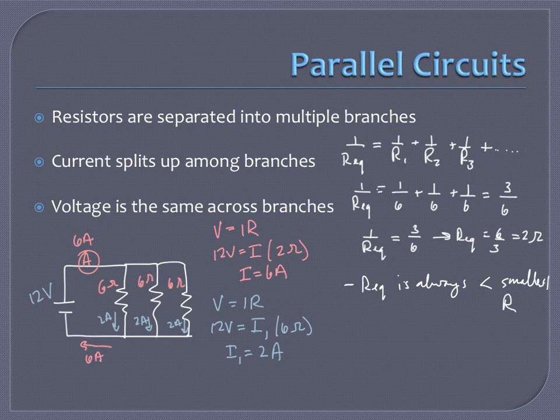So here 2 ohms is smaller than our smallest resistor of 6. Even if you have different resistor values, for example 3, 6, 9, then your overall resistance is going to be less than 3. It's always smaller than your smallest resistor. Because the purpose of putting things in parallel is to decrease the resistance and increase the current.